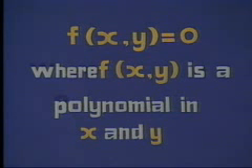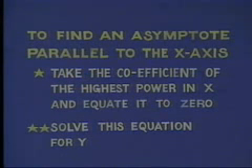We have a very simple way of finding the asymptotes of a curve governed by a polynomial equation in x and y. That is, an equation of the type f(x, y) equal to 0, where f(x, y) is a polynomial in x and y. Now, to find an asymptote parallel to the x-axis, we have to take the coefficient of the highest power in x and equate it to 0, and then solve this equation for y.